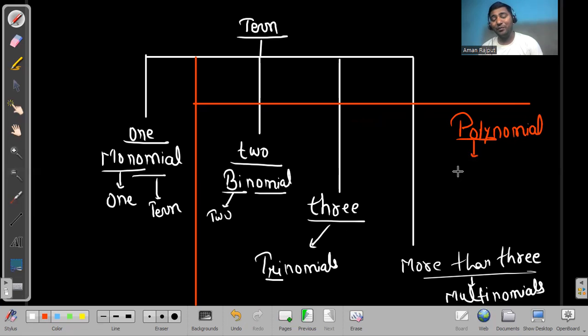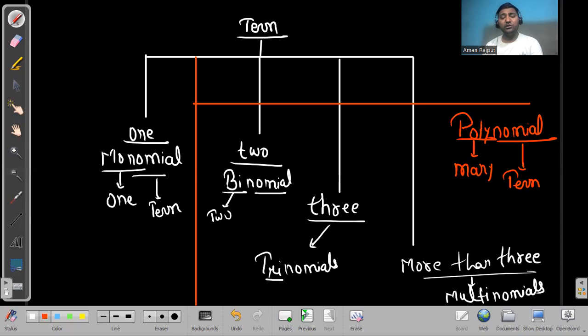Poly means many and nomial means term. Hope you understood the types of algebraic expressions.